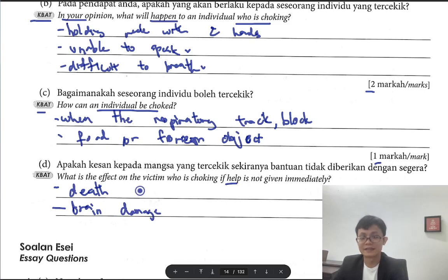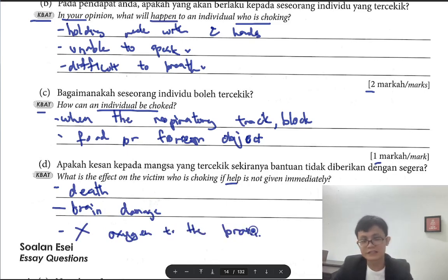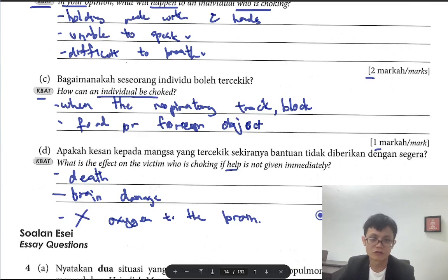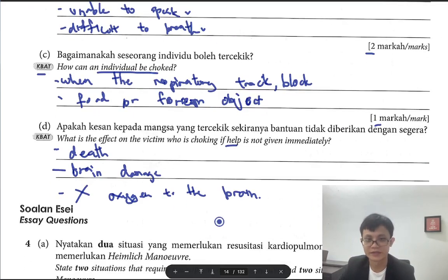And why is there brain damage? Because there is no oxygen to the brain. Since the person cannot breathe, there will be no oxygen to the brain, and after 1 or 2 minutes without oxygen the brain will start to die, so they will have brain damage. Then you just explain step by step, and you will be able to do it.